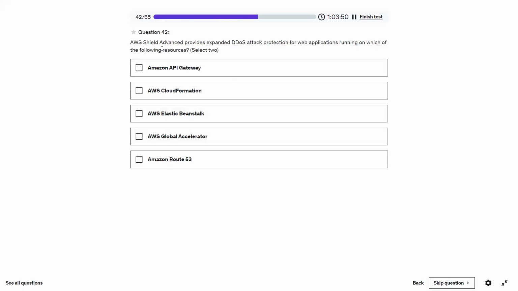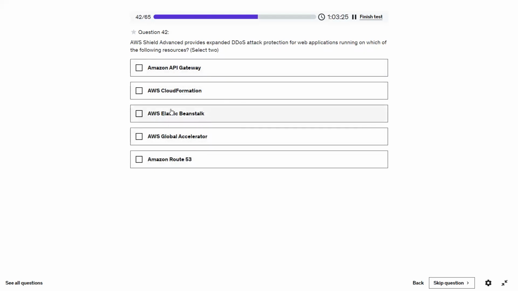AWS Shield Advanced provides expanded DDoS attack protection for web applications running on which of the following resources? Okay, so for DDoS attacks in the cloud, there's an advanced service. It will protect our web application, but the web application is running on which resources? Let's try to eliminate.